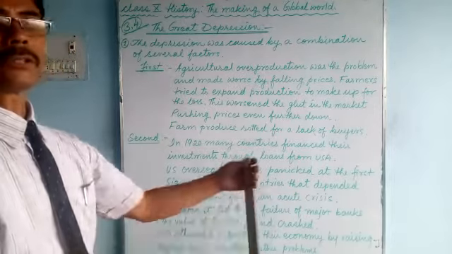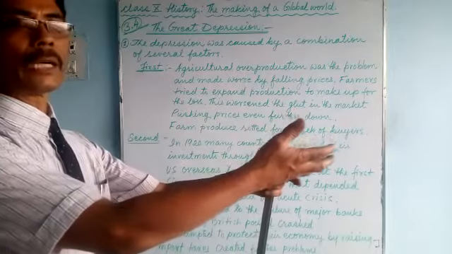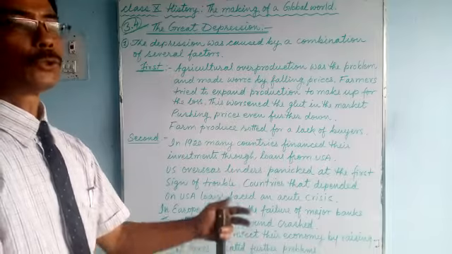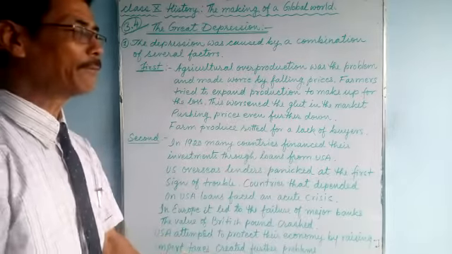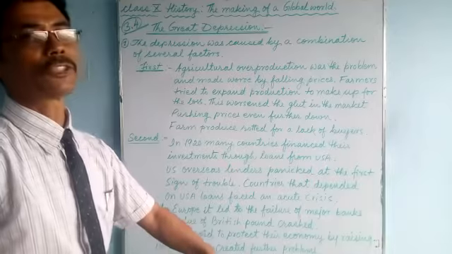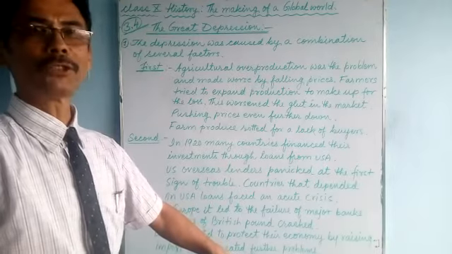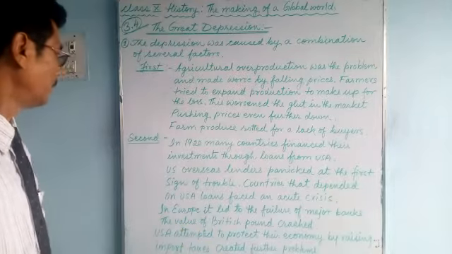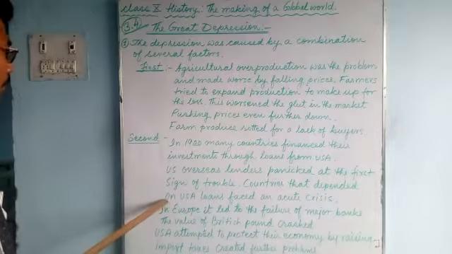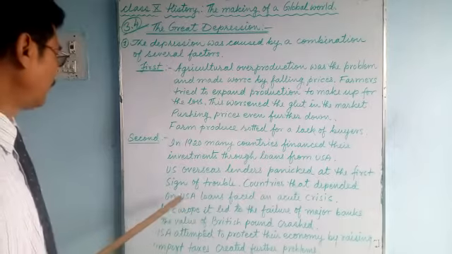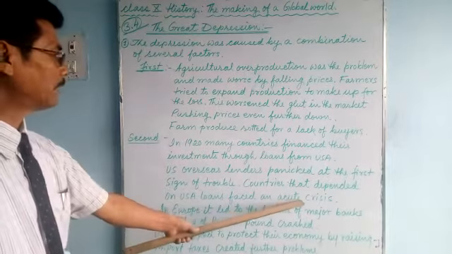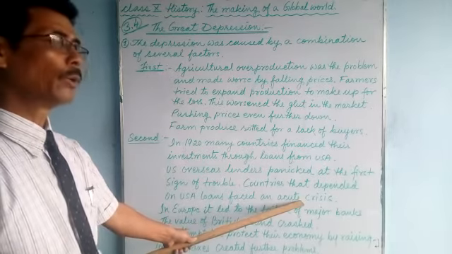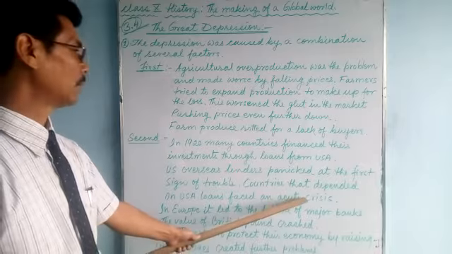The money was stuck there. The factory could not produce anything, so the countries could not repay the loan on time because the infrastructure was half constructed. The European countries who depended on USA loans faced an acute crisis.